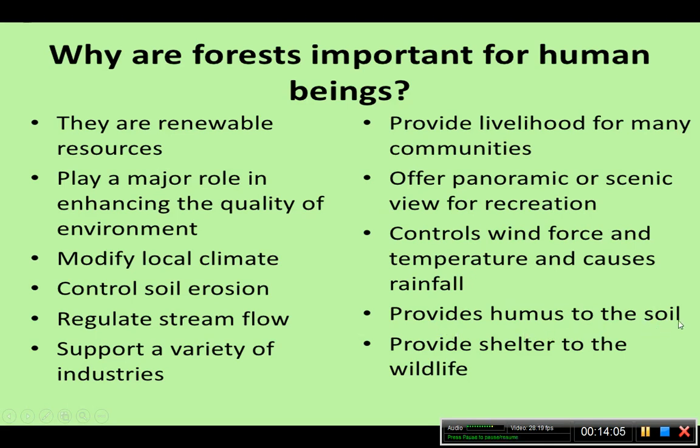Provide humus to the soil. Their branches, their leaves, when they fall on the ground, due to decomposition convert into humus, which is very helpful for the growth of other dependent vegetation. Provide shelter to wildlife. The wildlife gets shelter from these forests.